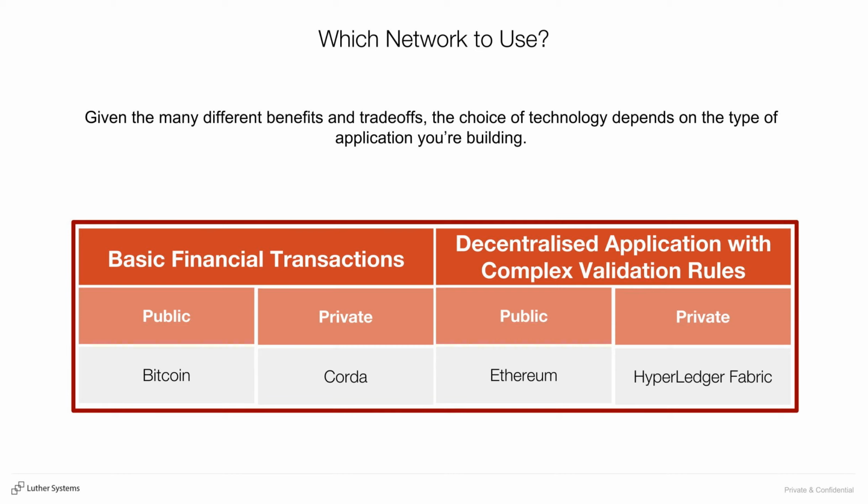Whereas if you're developing a public decentralized application that's processing data or having validation rules that go beyond checking multiple signatures, checking that you're not spending more than you have, so maybe you're processing the data somehow or triggering external events that are not payments related, that type of thing, then Ethereum would be a good fit.